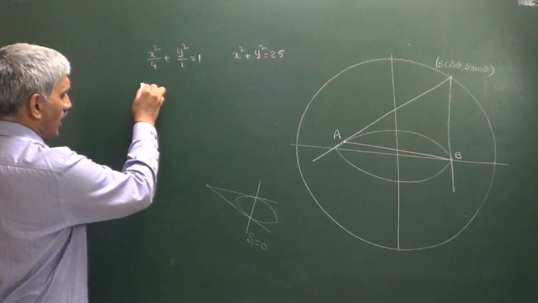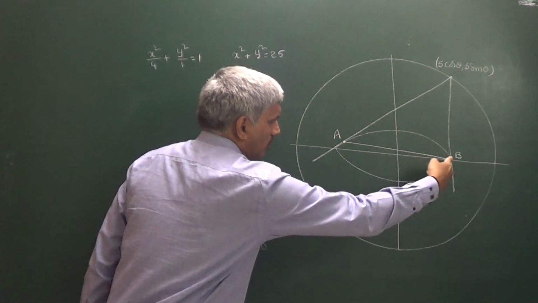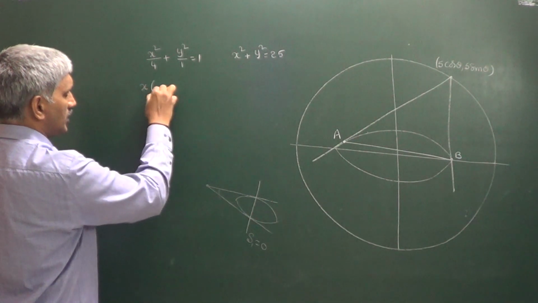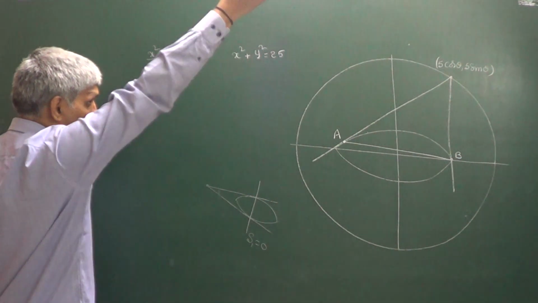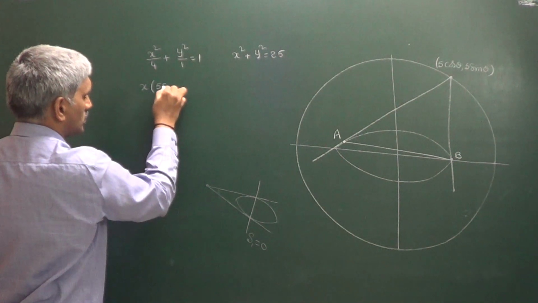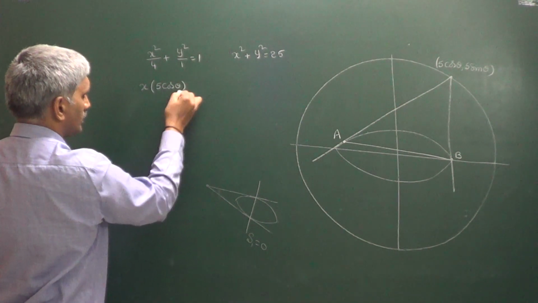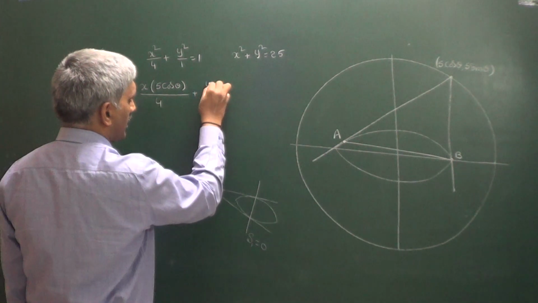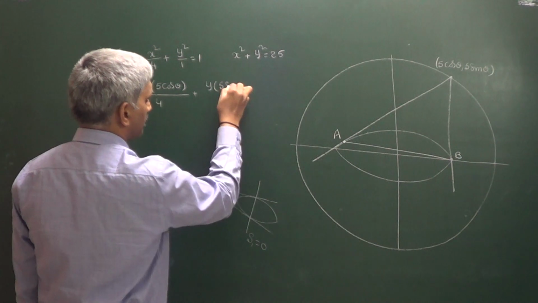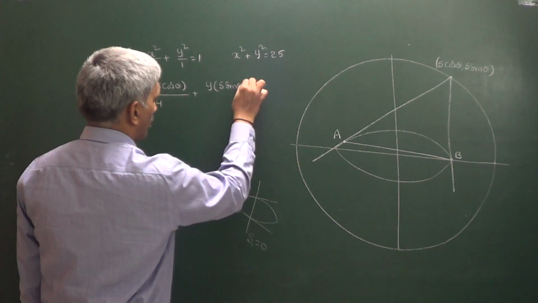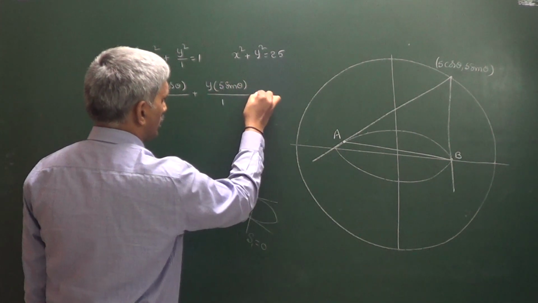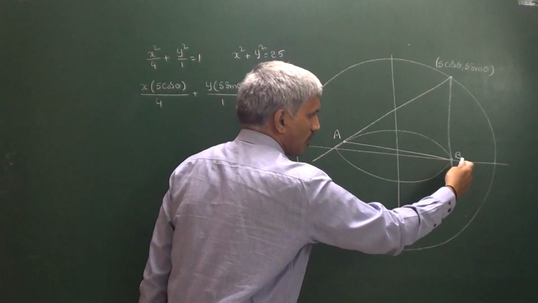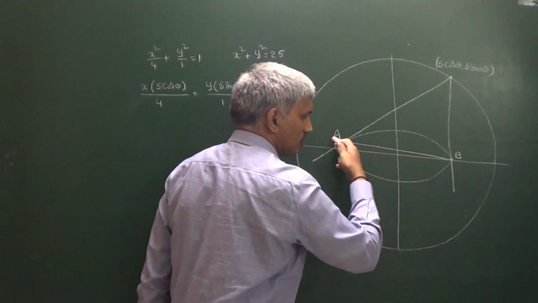So the equation of that chord of contact is x x1 by a square plus y y1 by b square equals 1, that is S1 equals 0, with x1 as 5 cos theta.